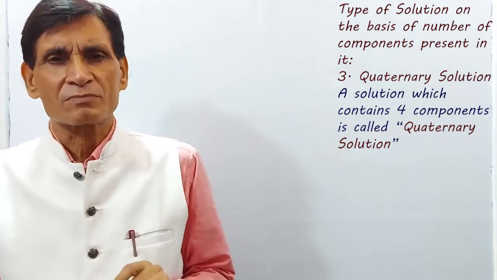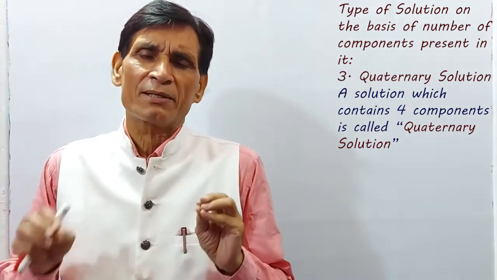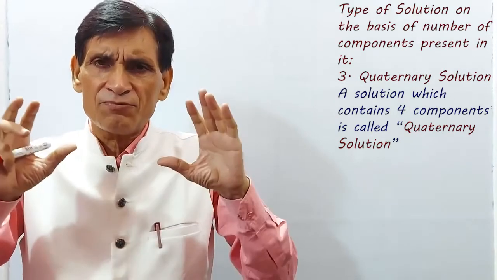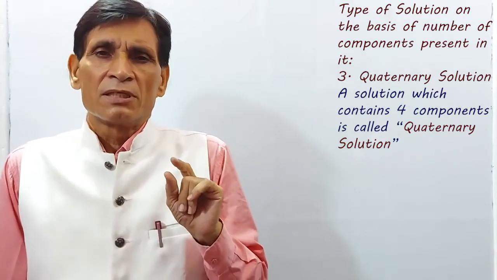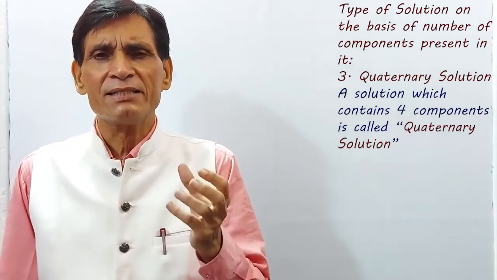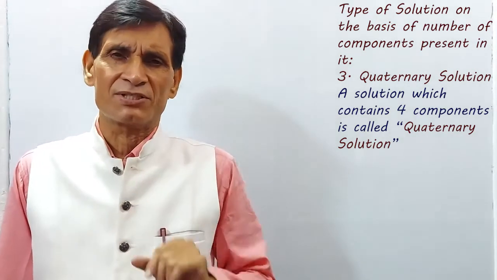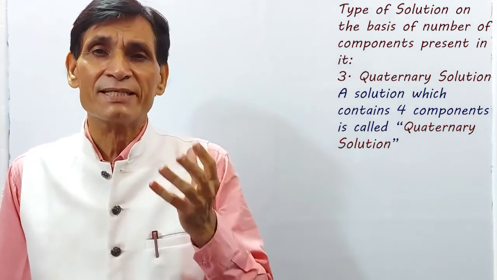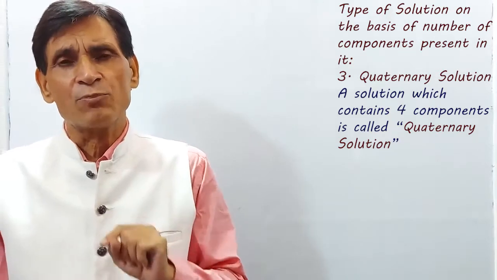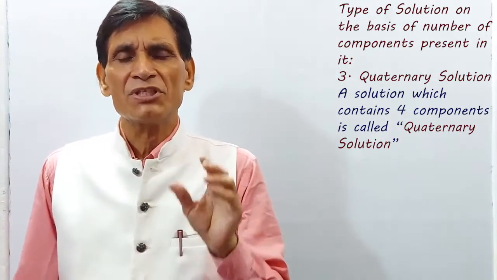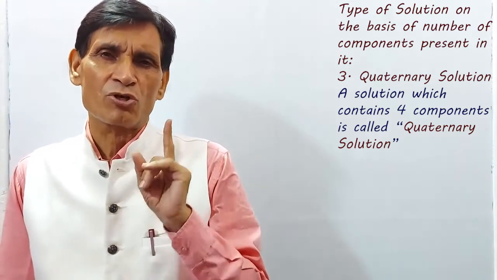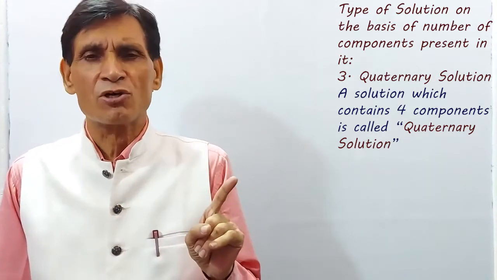Next point, I am going to tell you according to the type of phases. If the components of a solution exist in different phases, different physical states, then the component which is in larger amount is called the solvent and the other one is called the solute.